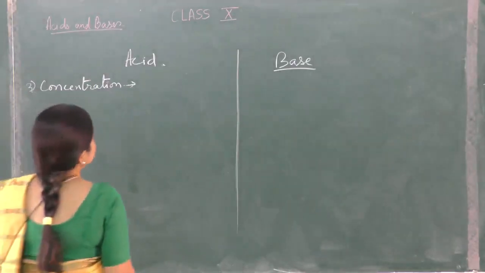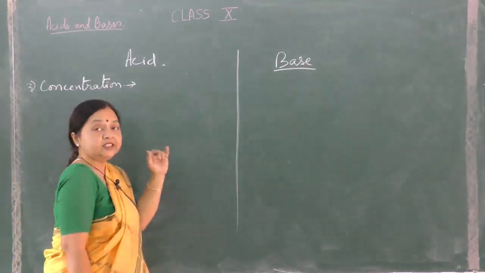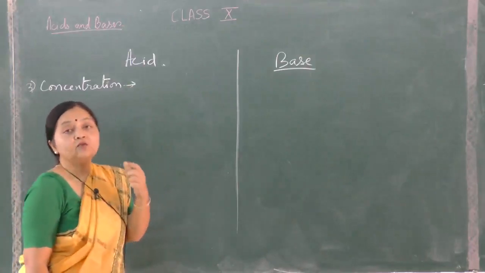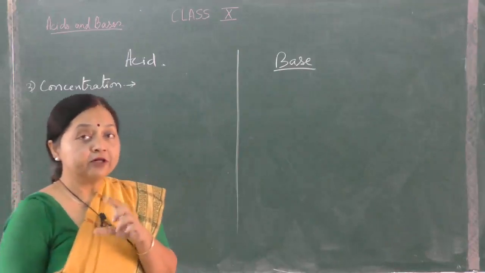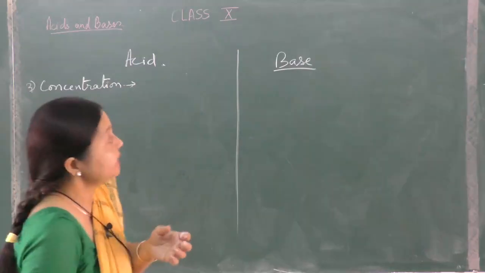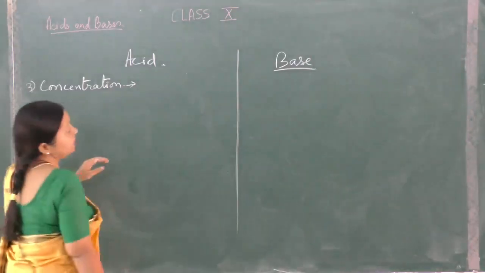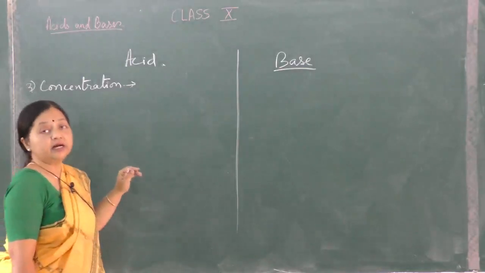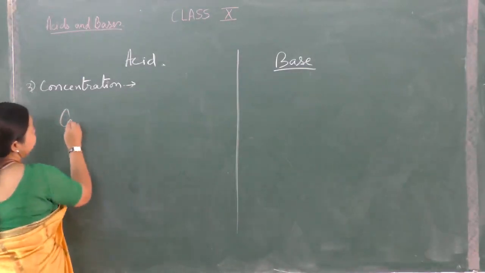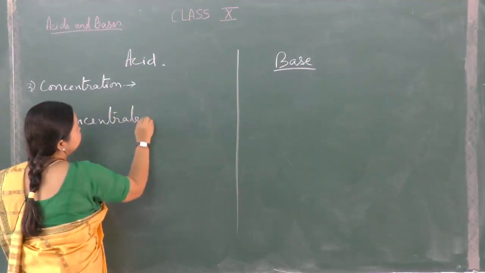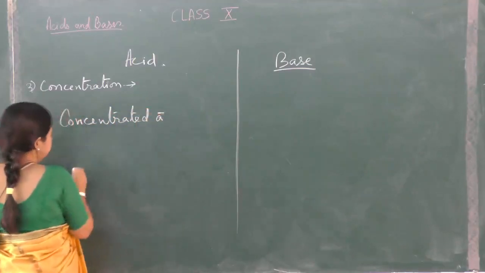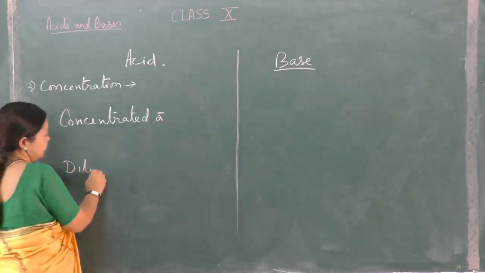That is, percentage. If the percentage of acid is higher and water is less, then it is called a concentrated acid. And if water percentage is more and the percentage of acid in the aqueous solution is less, then it's called a dilute acid. Two categories again, concentrated acid and dilute acid.